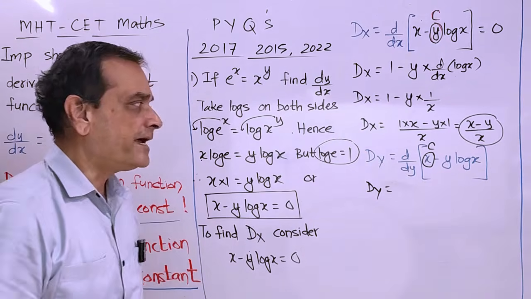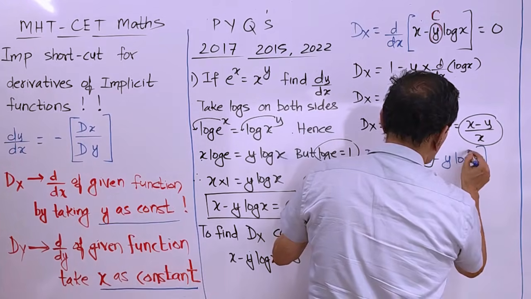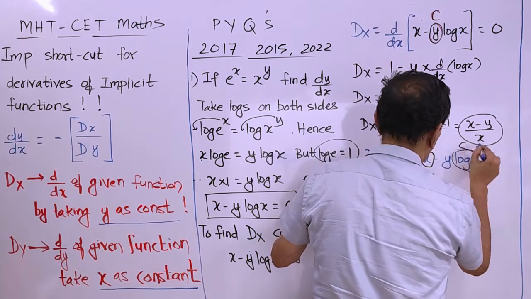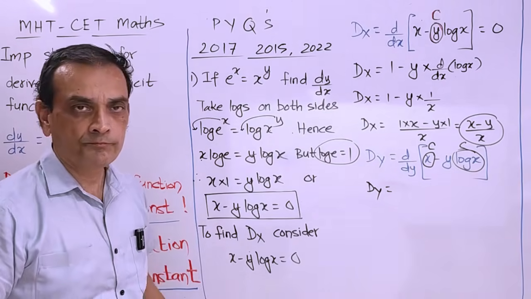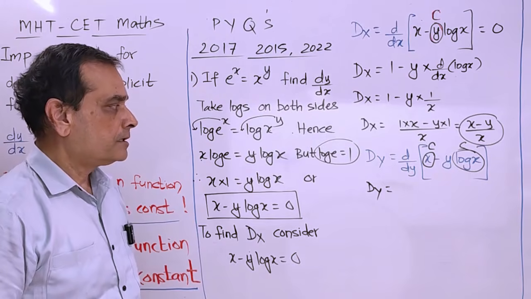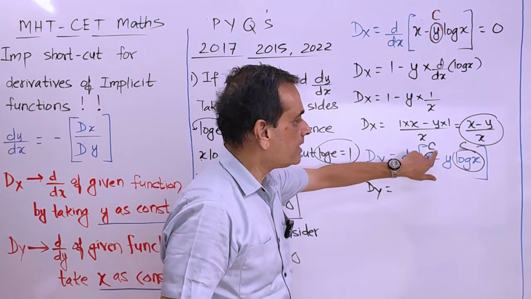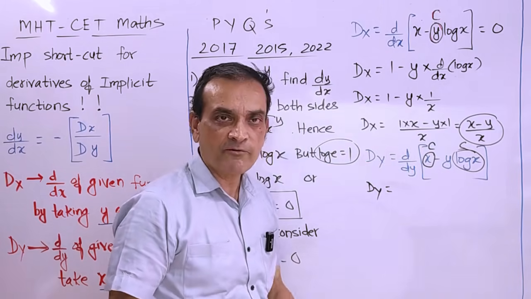Okay? Wherever there is x, it is a constant. So log x will be constant. Clear? According to this rule, according to this shortcut. So when you open up the brackets, d by dy of constant is 0. Only x is there.